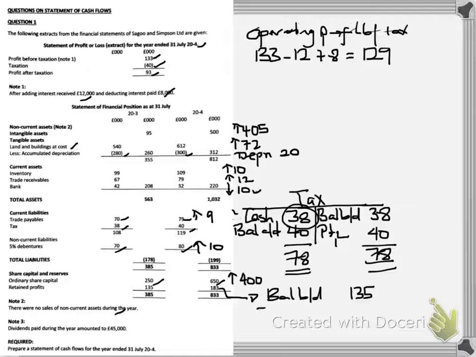And we have profit for the year of 93, and we have dividends paid during the year, so minus dividends paid 45. So that gives us 183.